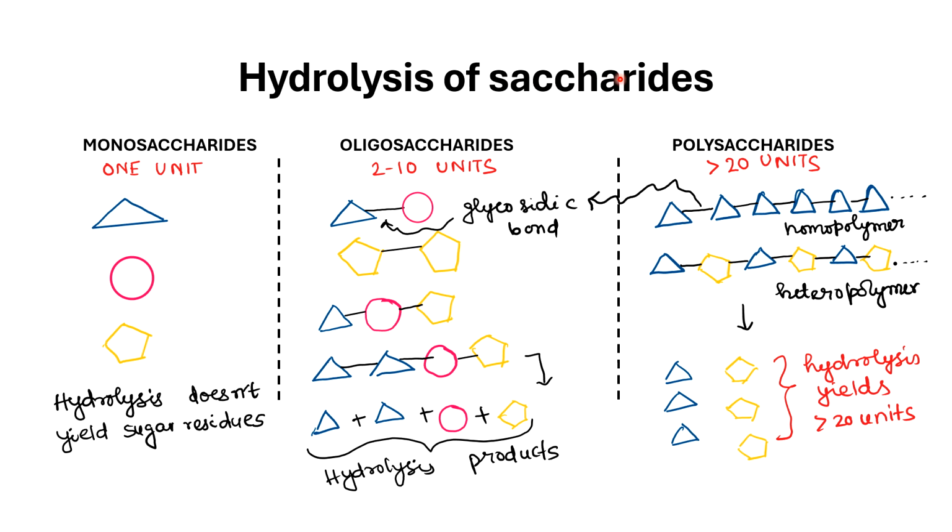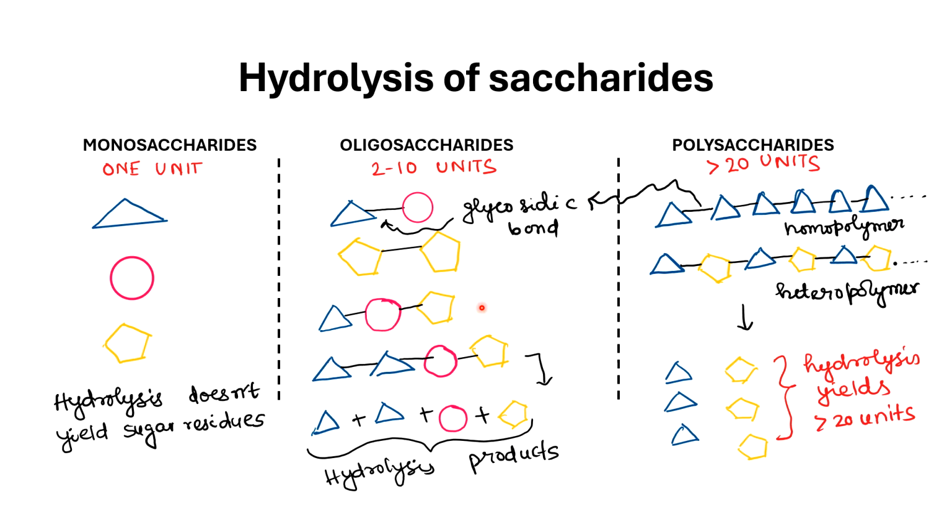Let's see hydrolysis of saccharides. Now I told monosaccharide consists of only 1 saccharide unit. So if you hydrolyze monosaccharides, it cannot be further hydrolyzed into any simpler residues, right? But if you hydrolyze oligosaccharide, then let's say it is a disaccharide, you hydrolyze it, so you will obtain 2 saccharide units.